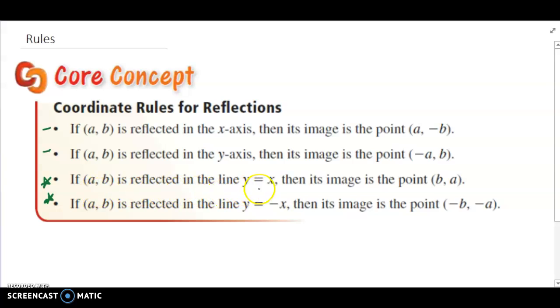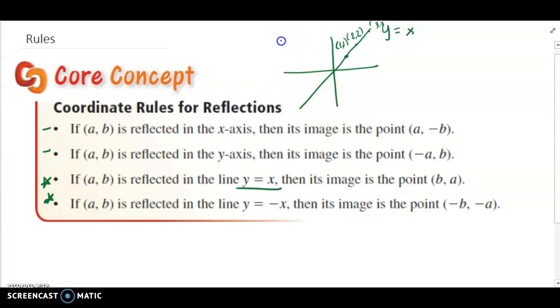Okay, so if we reflect a line over y equals x, remember the line y equals x, if this is my coordinate axis, this would be the line y equals x, right? It'd have 1, 1 on it, it'd have 2, 2 on it, 3, 3, my y equals my x.